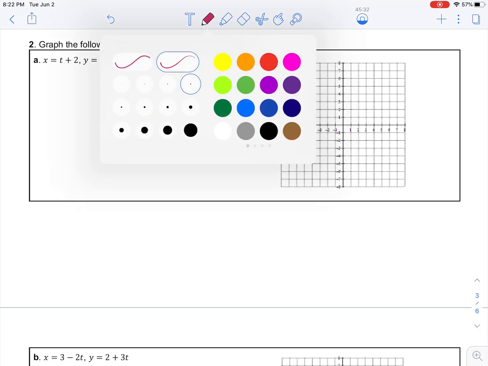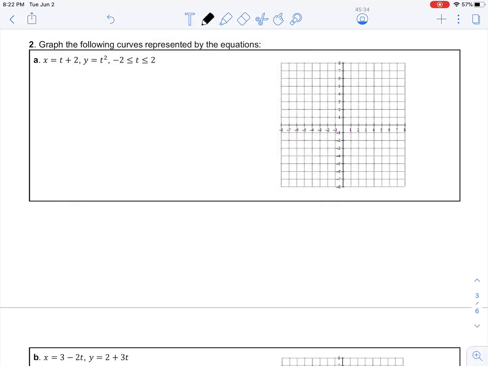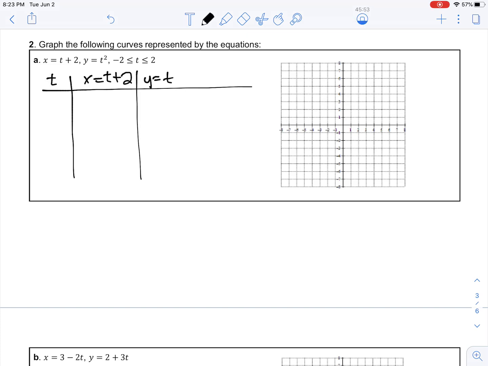As you saw in the examples, we're going to make a table to help us organize our thoughts. We'll have a column for our t values, our x of t values, where x equals t plus 2, our y of t values, where y equals t squared, and then our last column will organize those outputs into ordered pairs, x comma y.